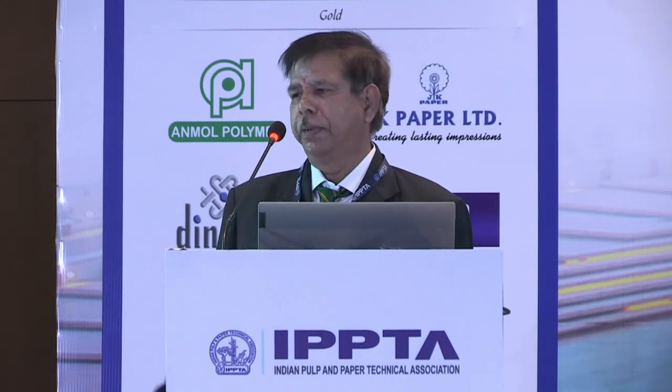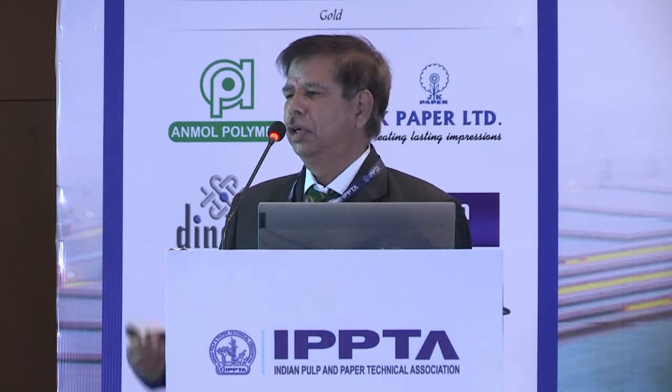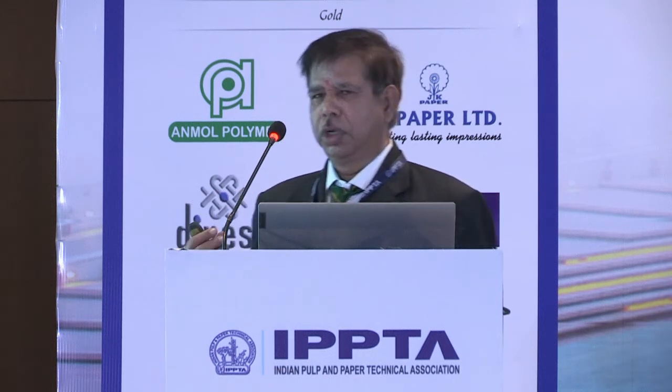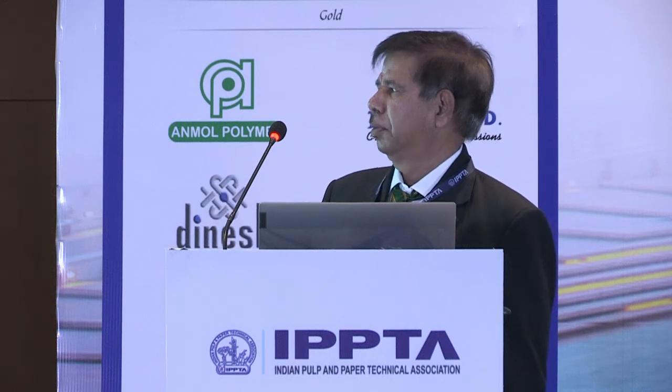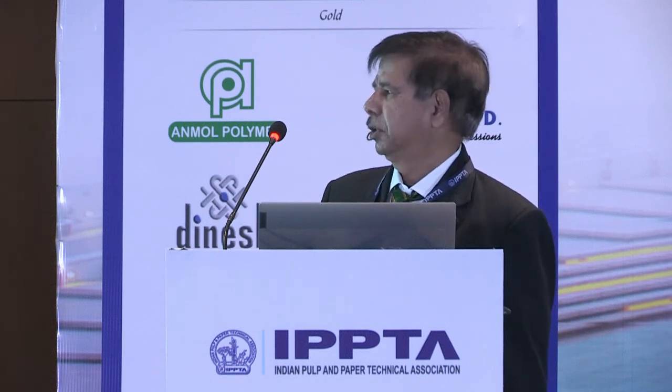And types of barrier coatings. When we go for the paper and see the paper chemistry, we start with the Cobb value. Cobb value is how the paper prevents water absorption. If the Cobb value is 20 or a little higher, it is for writing and printing paper purposes.